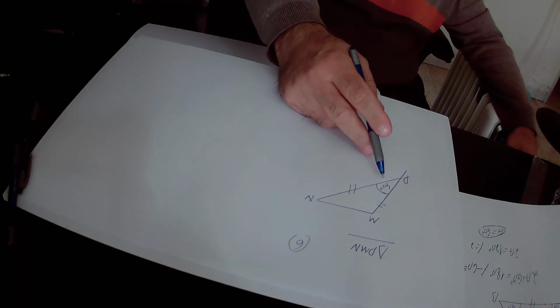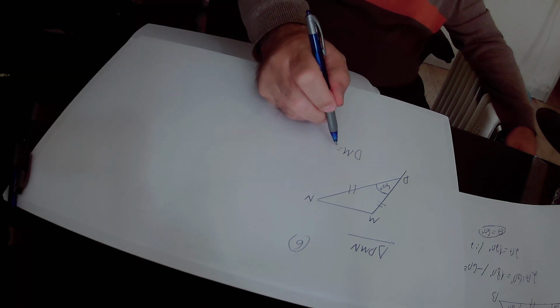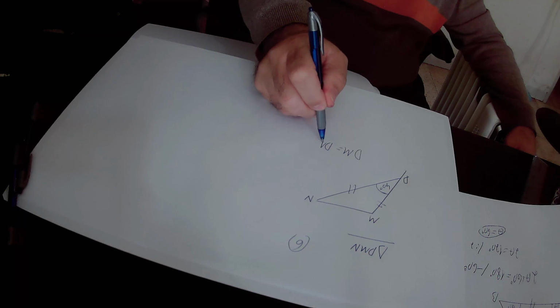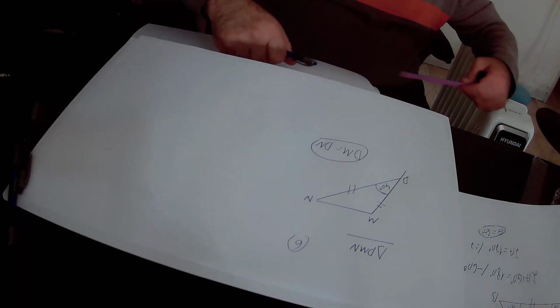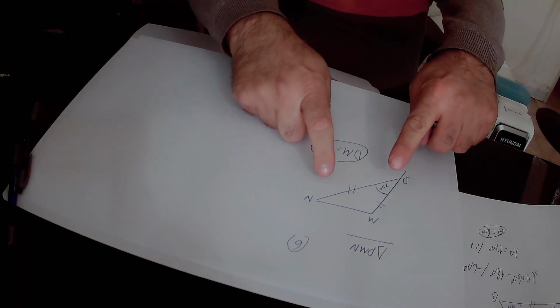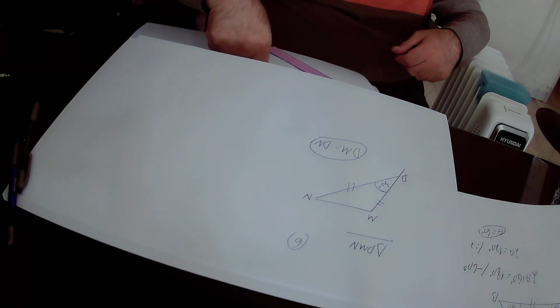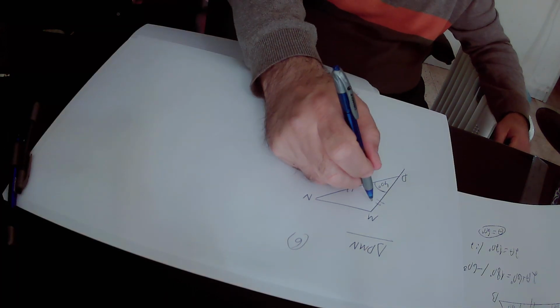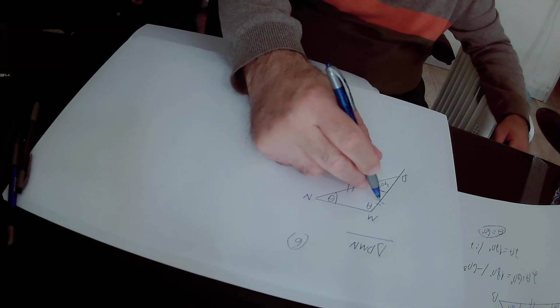Angle DMN equals 40 degrees, and DM equals DN. Again, we have the rule that in front of equal sides in the triangle are equal angles. Those two angles located in front of equal sides must be equal to each other. So if one of the angles is theta, then the other angle must also equal theta.